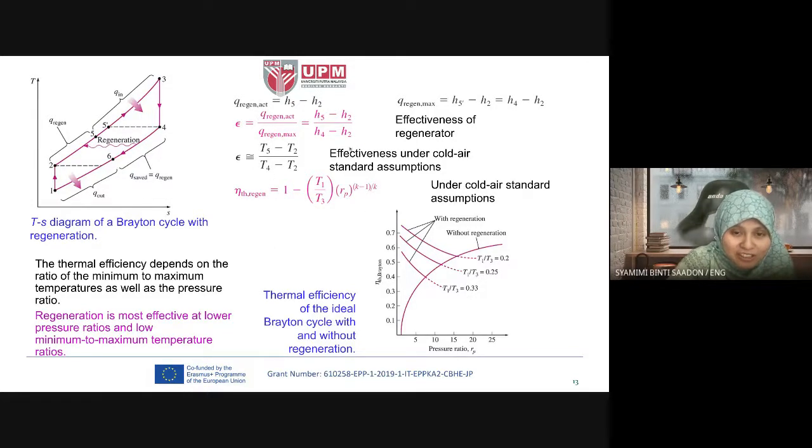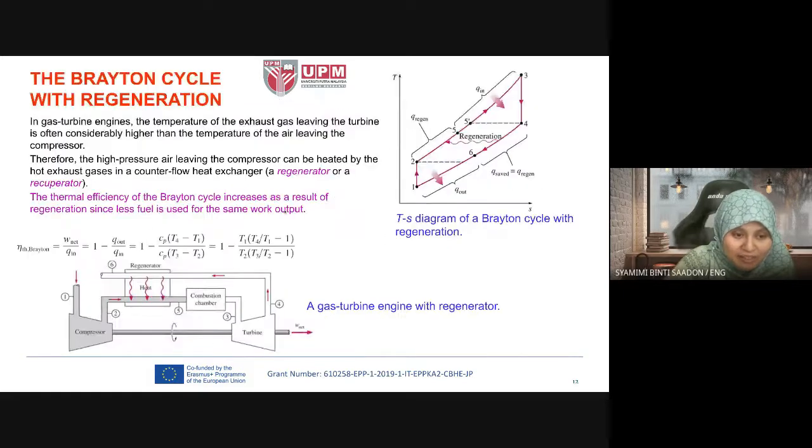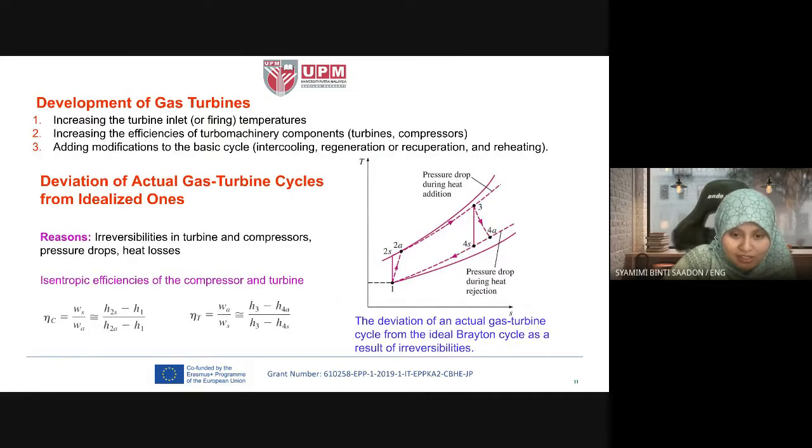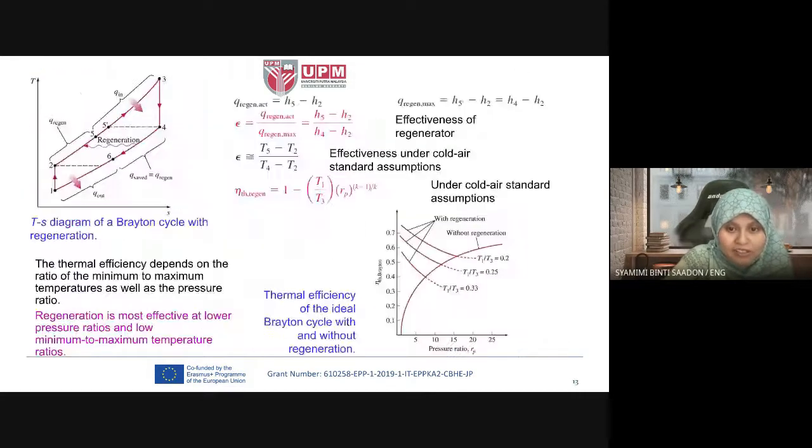So the thermal efficiency of the Brayton cycle will change slightly from the original, the basic cycle. The thermal efficiency of the whole cycle with regeneration changes to this. For a regenerator, a heat exchanger, we don't call it efficiency, we call it effectiveness, epsilon.